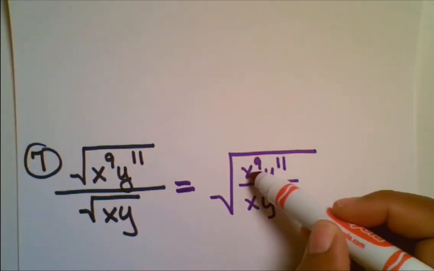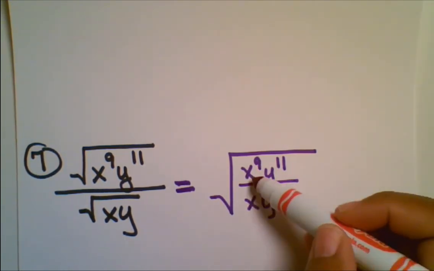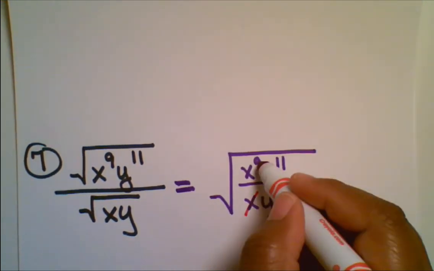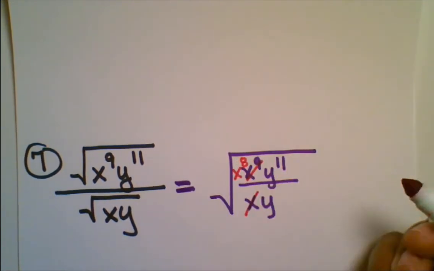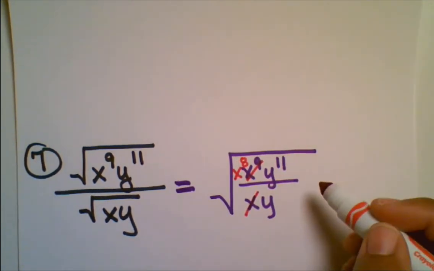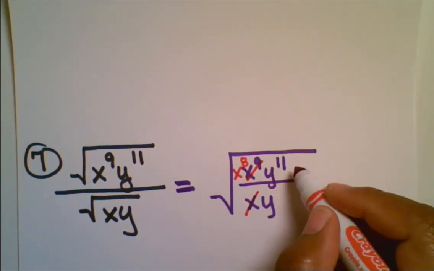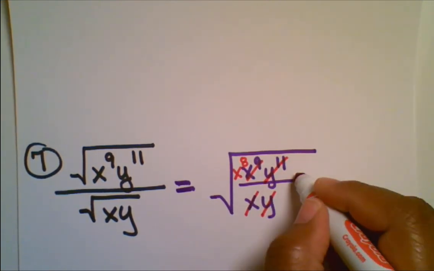So where do you have the greatest amount of x's? We have it in the numerator. So we're going to subtract an x out of x to the ninth. We have x to the eighth power. Then for your base y, where do you have the greatest amount of y's? That's in the numerator. We're going to subtract a y out of y to the 11th. We have y to the 10th.